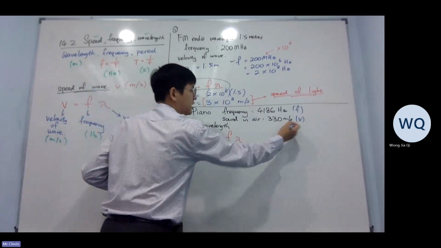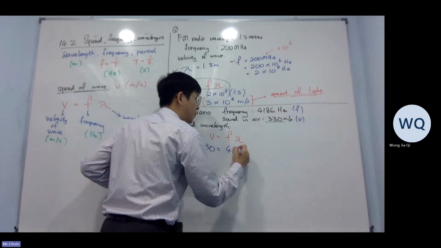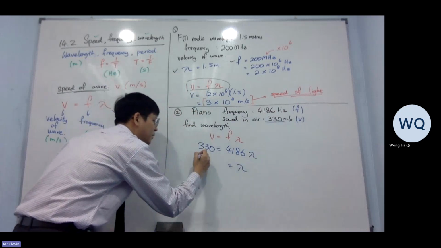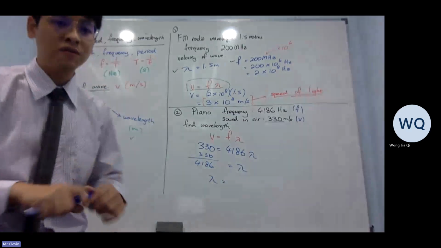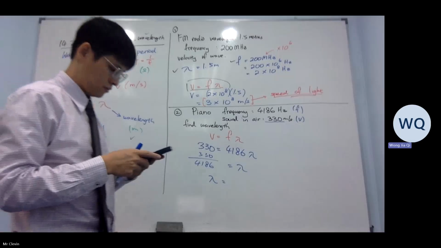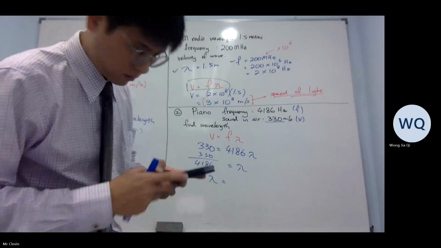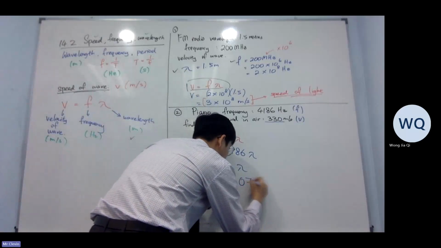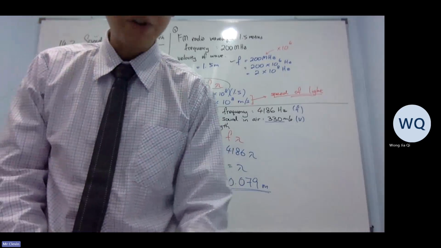My velocity is 330, equal to frequency 4186 multiplied by lambda. So if I want to find lambda, it will be 330 divided by 4186. So your lambda will be equivalent to 0.079 meter.